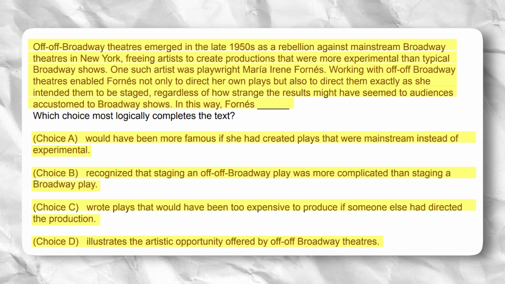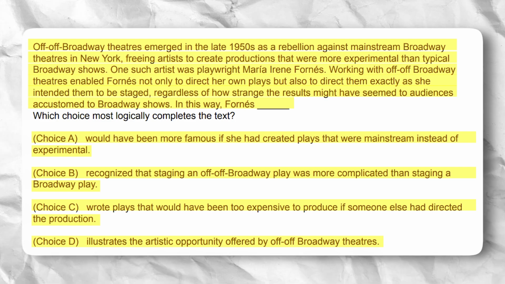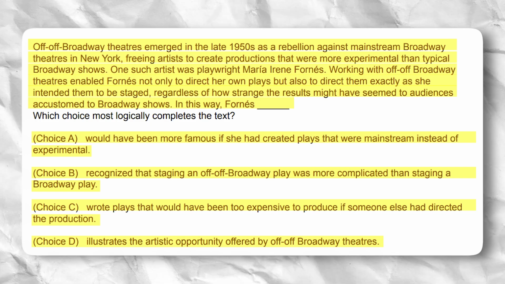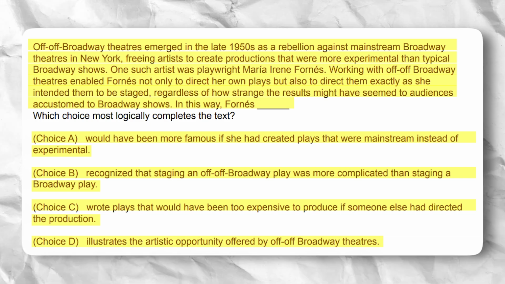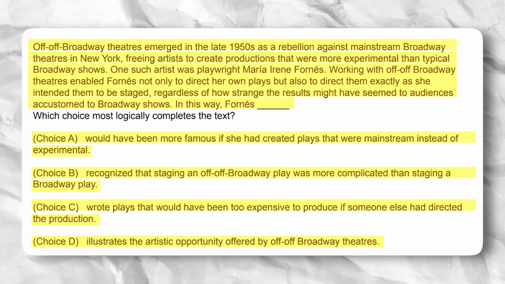Illustrates the artistic opportunity, because it is just one artistic opportunity, but significantly it doesn't revolve around that. That I think becomes sort of too specific to one singular point, but we have to find an option which can just support the main thesis or argument. So in this, I think the D option is becoming that in this way she illustrates the artistic opportunity offered by.